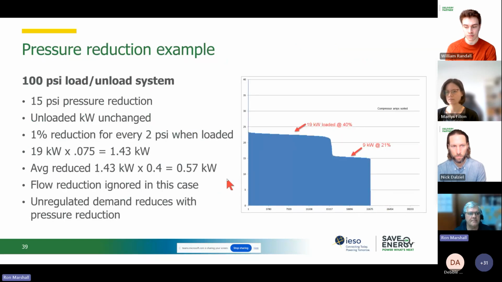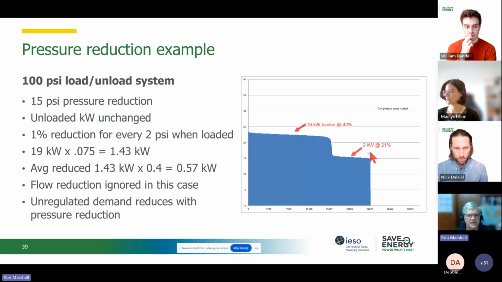All right, pressure reduction example, right? And we've seen this chart before, right? Fully loaded, the average power in this condition is 19 kilowatts. Unloaded, and this is amps, right? We're taking into account the power factor, it's only 9 kilowatts here. So 15 psi pressure reduction results in what, 7.5% reduction in power, right?